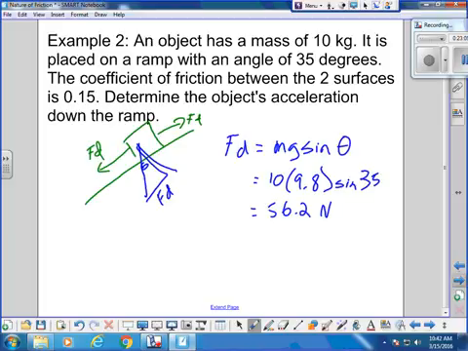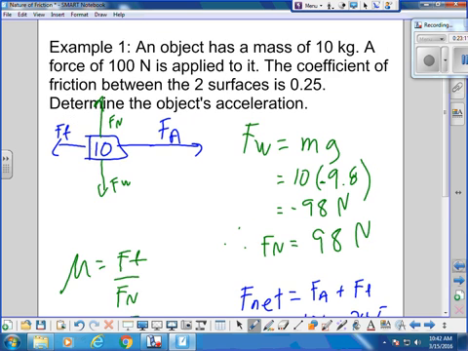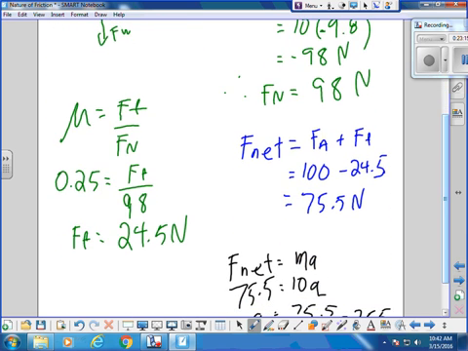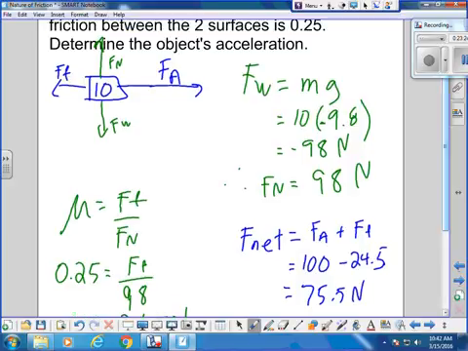Okay. How do I find friction force? Well, how did I find the friction force on this previous one? I use this, right? Mu equals FF over Fn. I don't have my Fn yet. I got to do that. On a flat surface, it's equal to Fw, but it's not a flat surface.